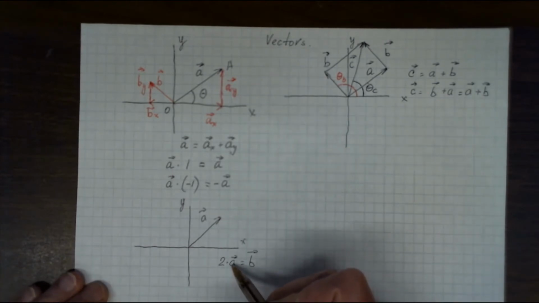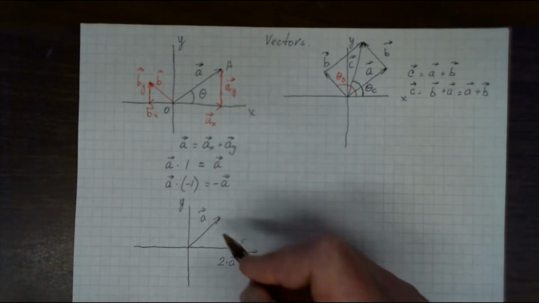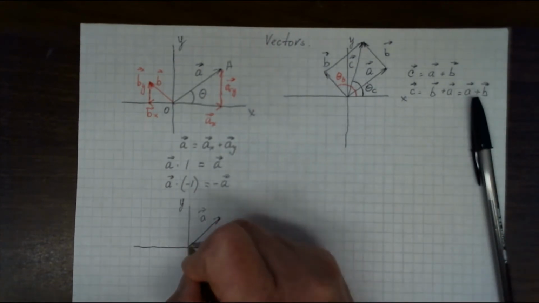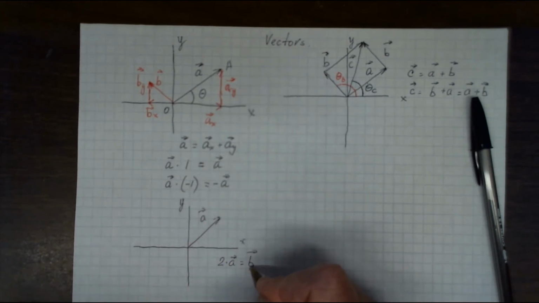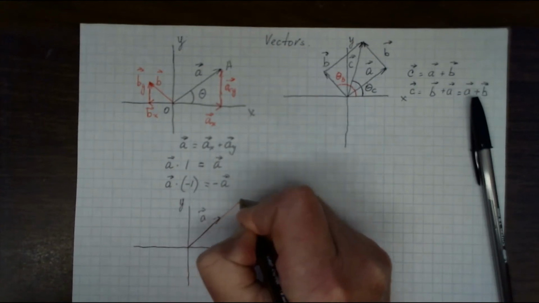I need to multiply the magnitude of vector A by 2, so it's going to be 2 times greater. And the direction of vector B will be the same as the direction of vector A. So here we go. This is my vector B.